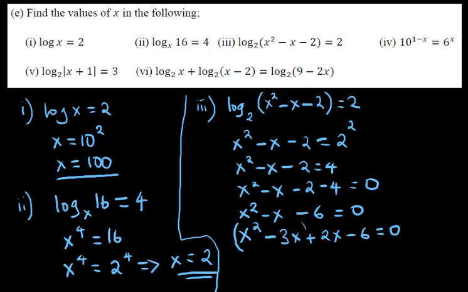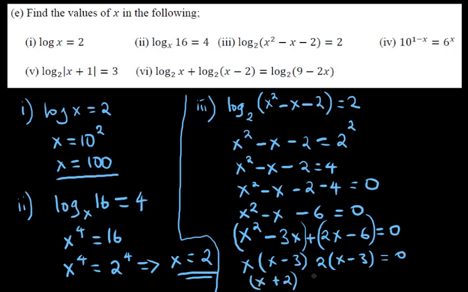Then we factorize, so we have x minus 3 and 2 times x minus 3, equal to 0. So we have x plus 2 and x minus 3 equal to 0.